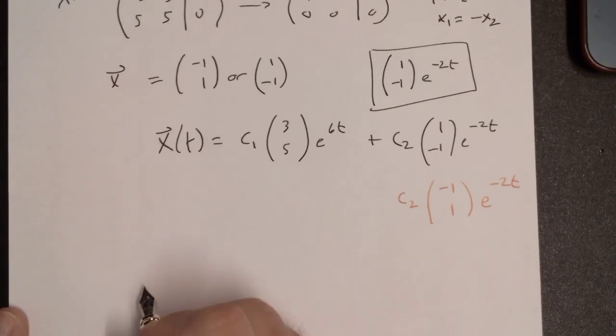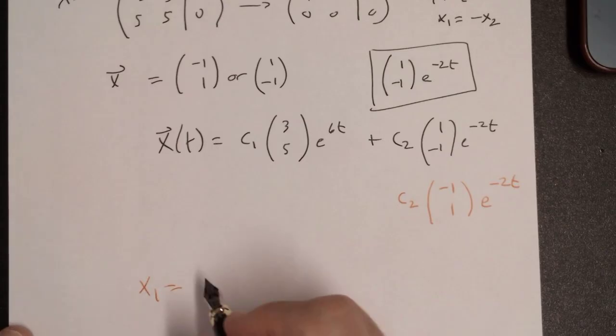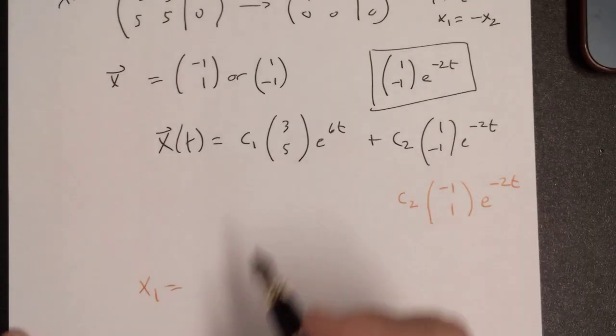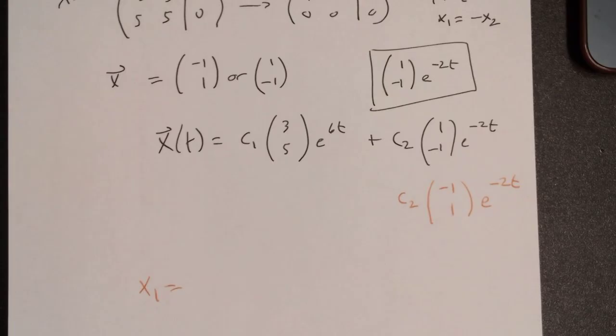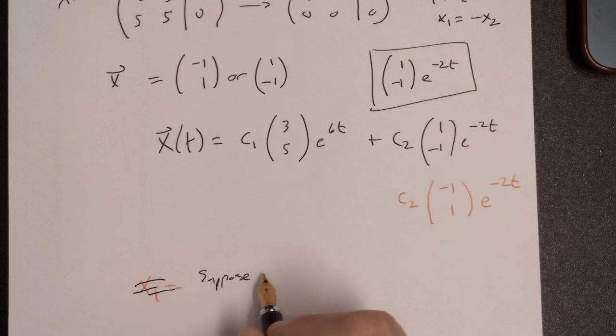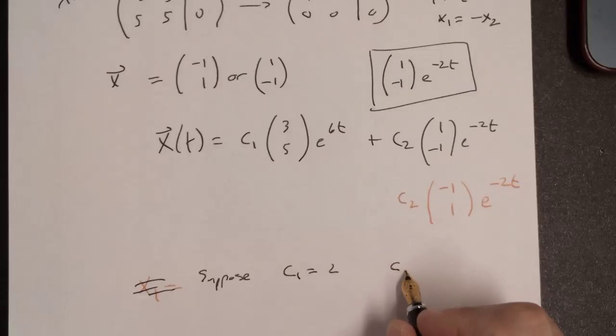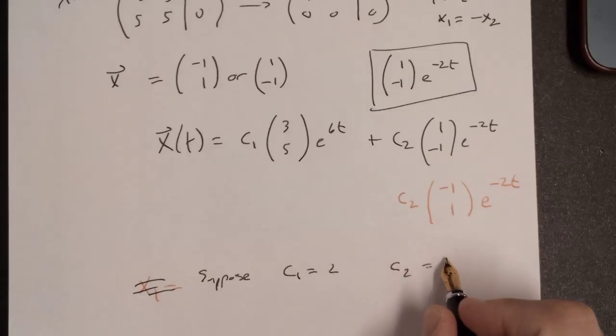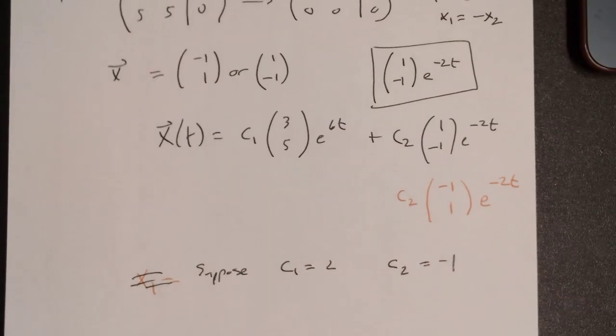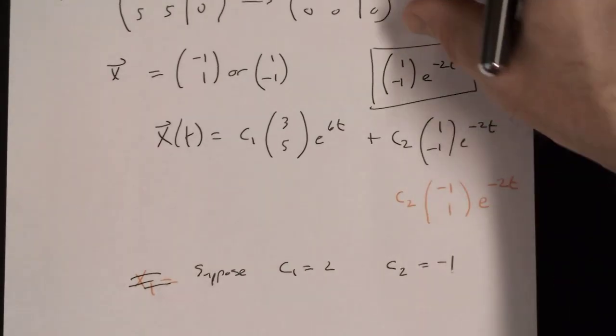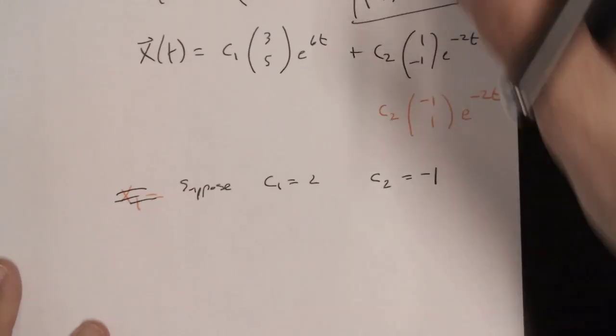So let's suppose in this version, I'll write it in the same color so we can keep the right color with it. Suppose C1 was 2 and C2 was -1, right?